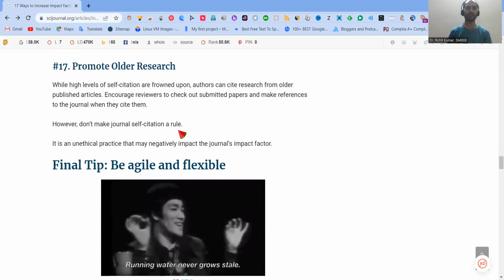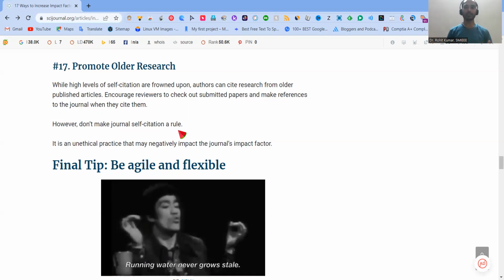So if you find the older articles, there you find the exact concepts: what was the need for this particular topic, what was the reason it evolved, what things motivated research into it, what the different related domains are, and different things you can discuss with the help of older research.